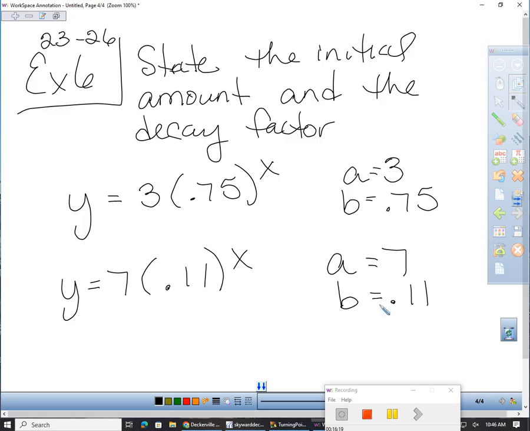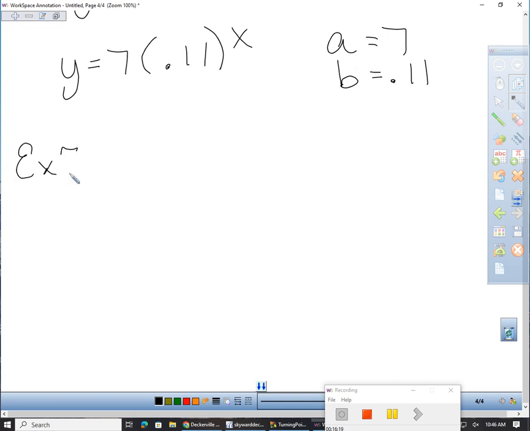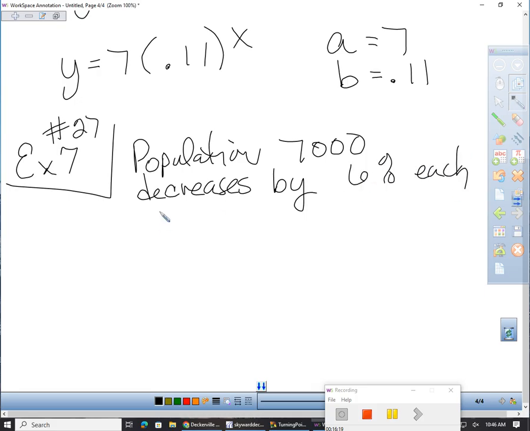Okay, 27 real quick and then I'm done. All right. Example number 7. This has to do with number 27. Let's say I have a population of 7,000 and it decreases by 6% each year for 10 years.